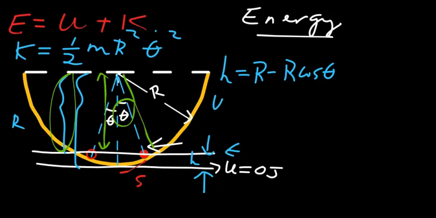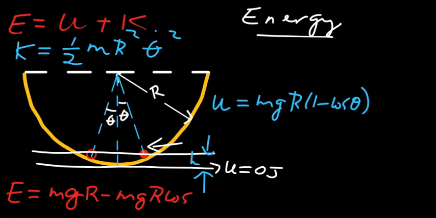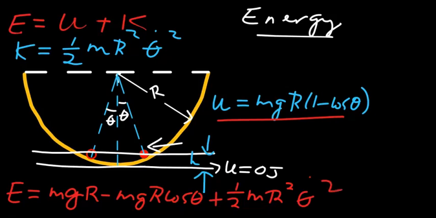What that means is the gravitational potential energy of the object when the object is there is mgr(1 minus cosine theta). So the total mechanical energy of the system is U plus K. So U is mgr minus mgr cosine theta, that's this term, plus K. K is half m r squared theta dot squared.